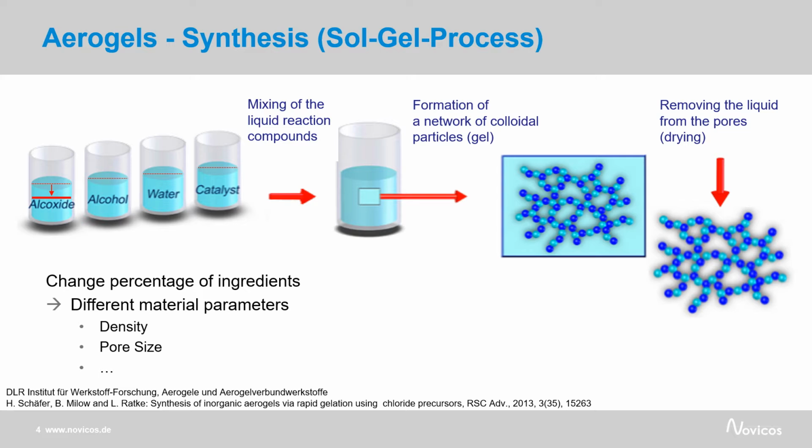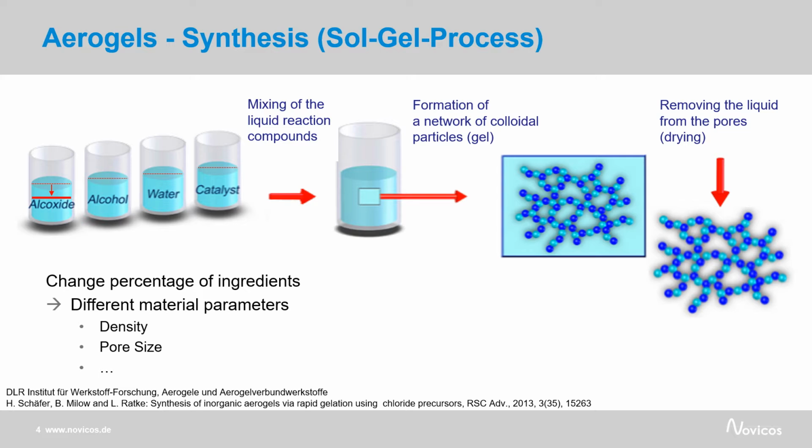Small changes in this routine of the synthesis can result in another material. For example, you can change the temperature or pH value of the ingredients. Another possibility is to change the amount of the ingredients.